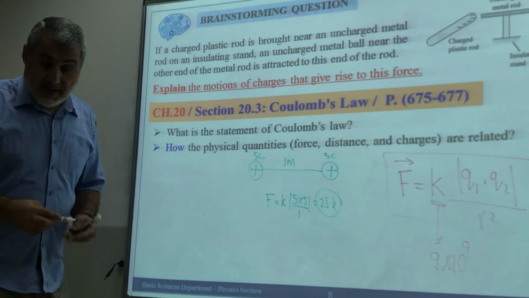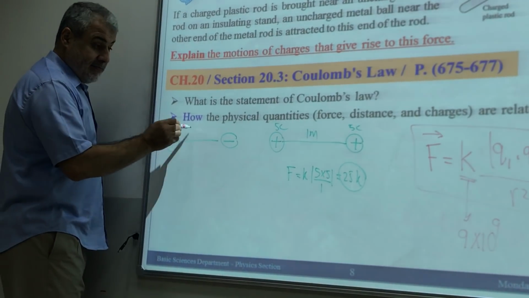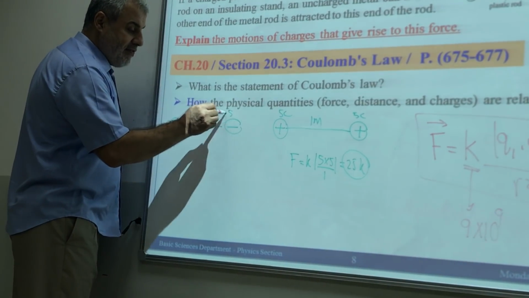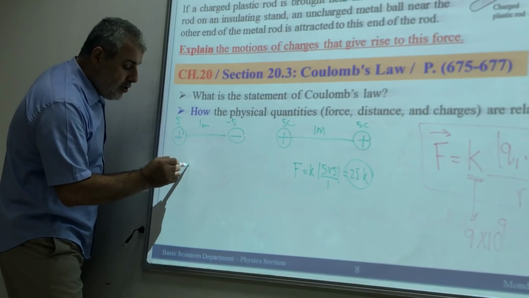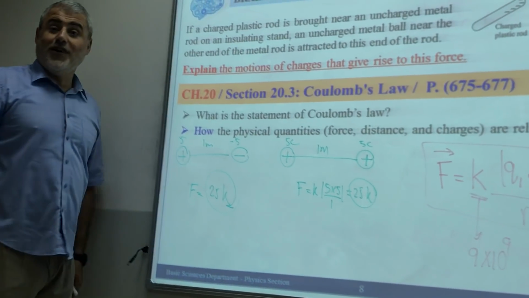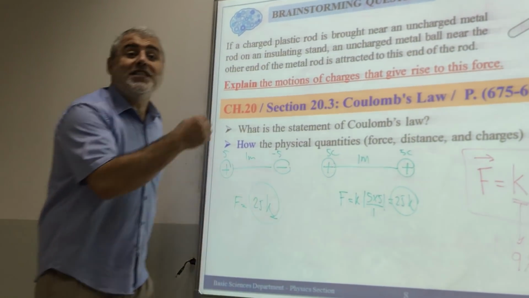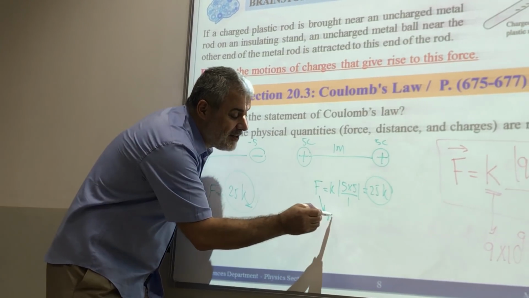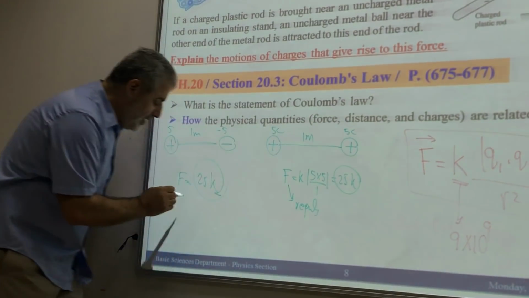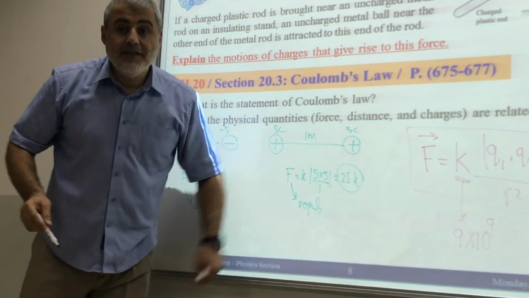And if I have negative 5 and positive 5, also F will be 25K, right? So how are they different? That's all. What type of force? This is repulsion, and this is attraction. But the magnitude is the same.